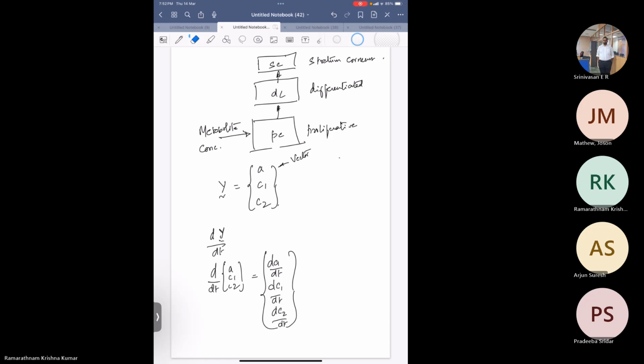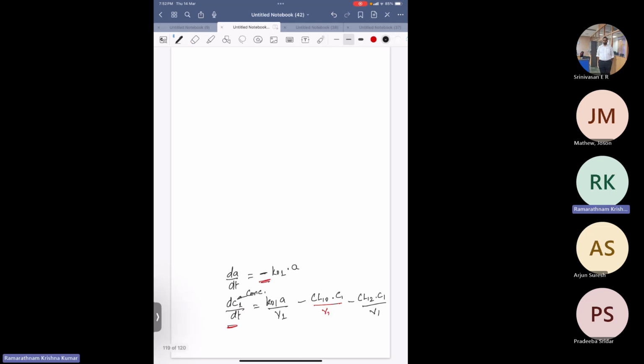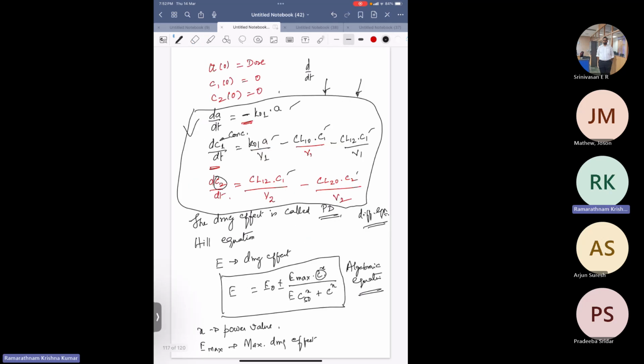Okay. Now, let's go back to the left-hand side, the right-hand side. If you look at the right-hand side, there are actually three functions. There's one function here, another function here, another function here. So I can call them function F1, function F2, function F3.